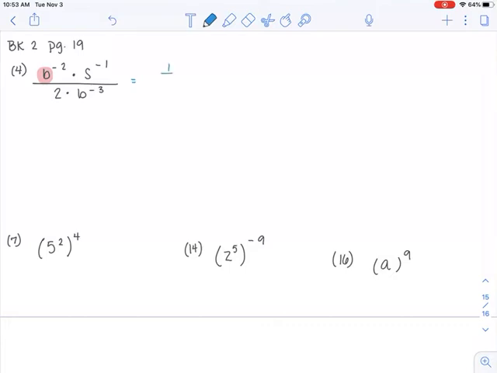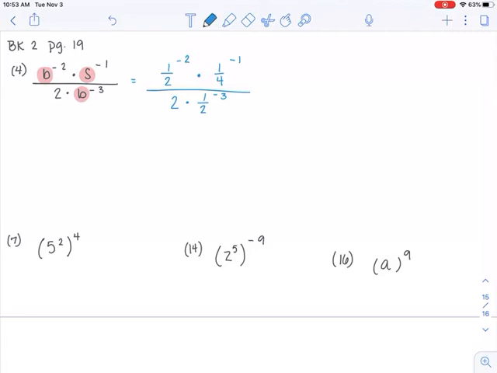So now I have 1/2 to the negative second power times S, and again, according to the directions, S is equal to 1/4 raised to the negative first power over 2 times B, again B is still 1/2 to the negative third power.